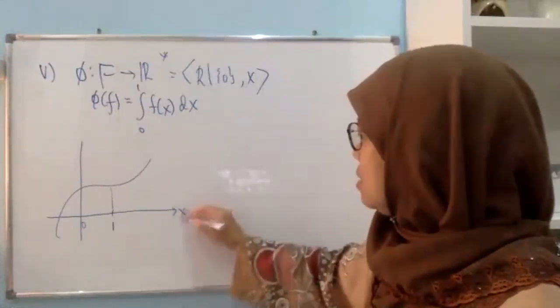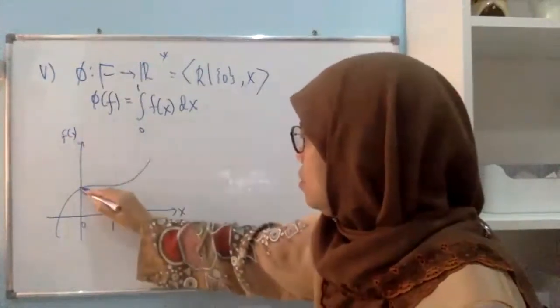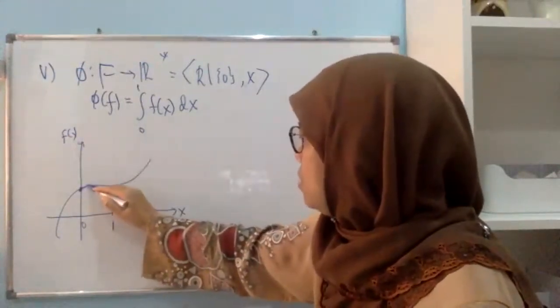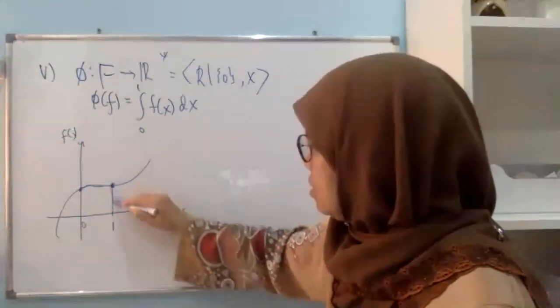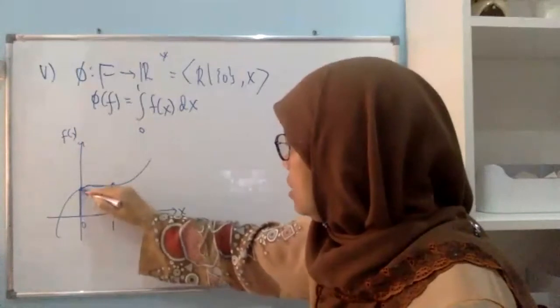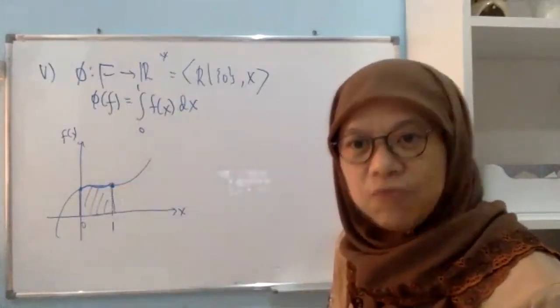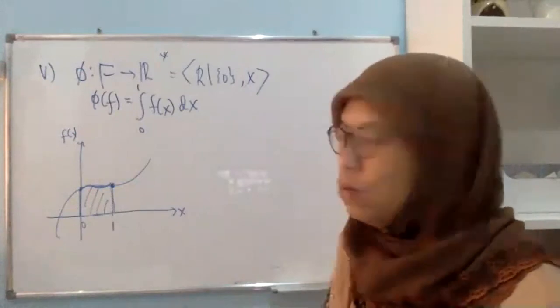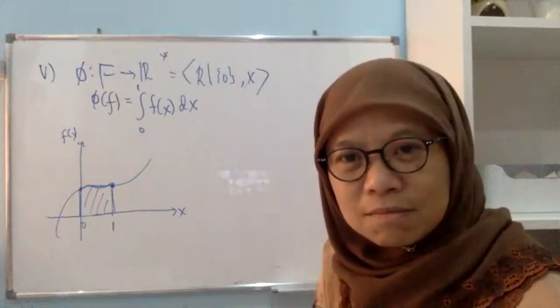This is the x-axis. This is f(x). This is 0, f(0), and this is 1, f(1). So it's the area under the curve, that is the integration of f(x) between 0 and 1. Now, is it an isomorphism?